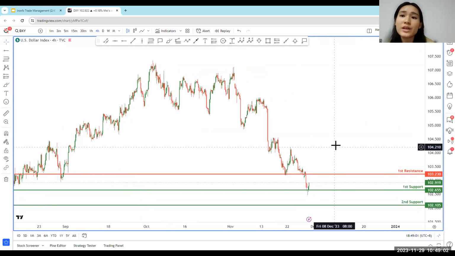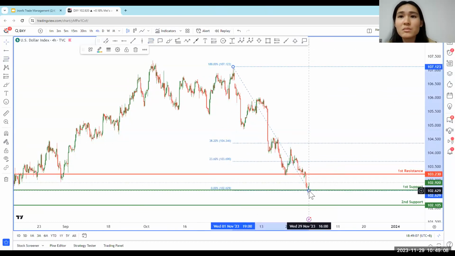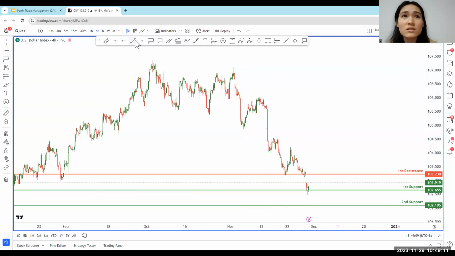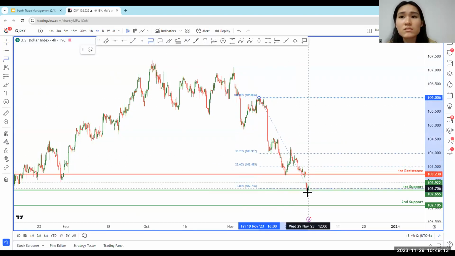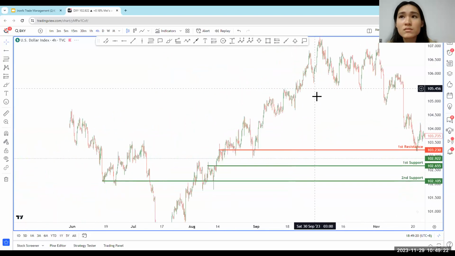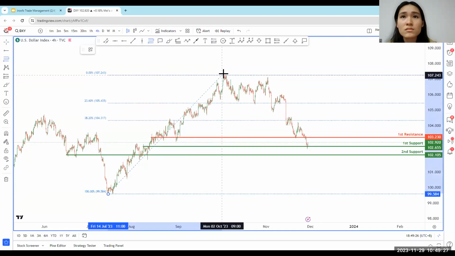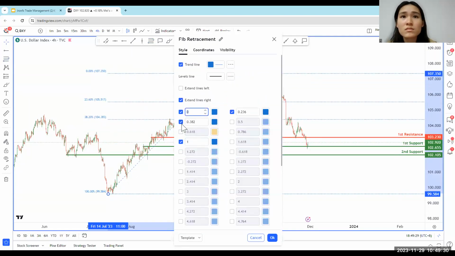Now let's go in with our Fibonacci levels again. So you can see it's pretty methodical. 50% is no longer valid. So my 61.8 lines up.